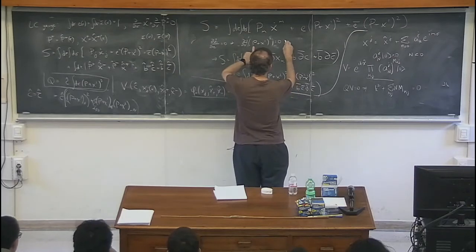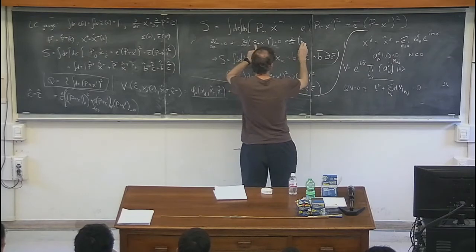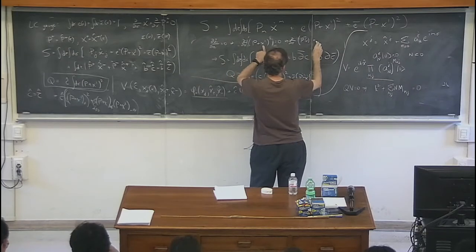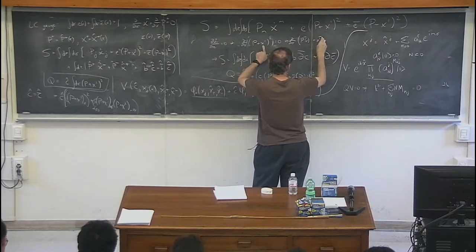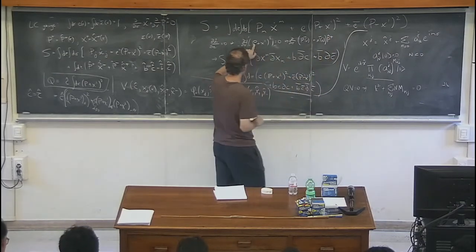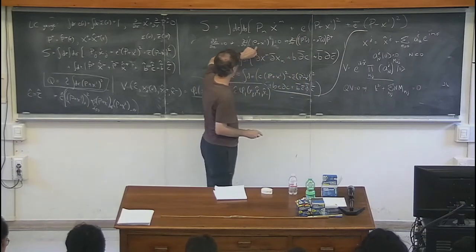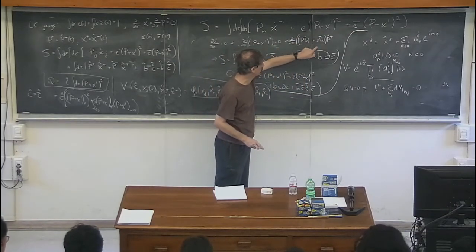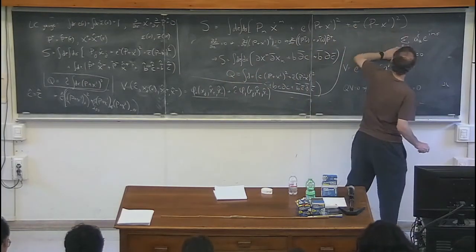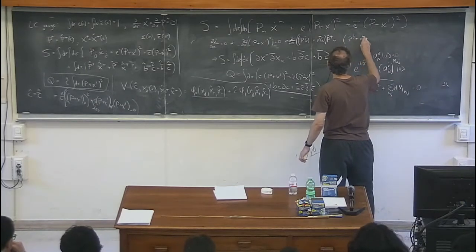So the reason is because this object here, this is equal to p minus of sigma plus x prime minus of sigma times p plus. Remember, p plus just has a zero mode. So when I take the sigma dependent part of this in the longitudinal directions, I just get this. And this has to be plus x prime.